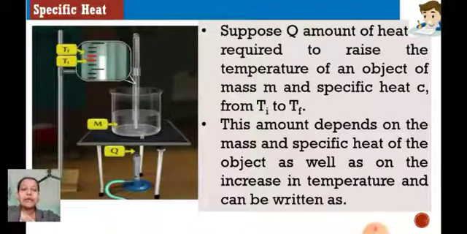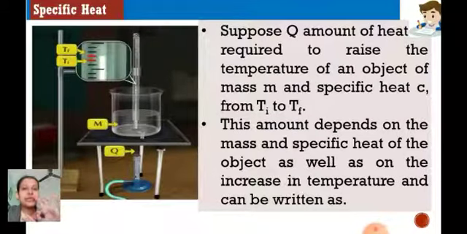The amount of heat required, Q, you can see the burner there, depends on three things. It depends on how much heat is required to raise the temperature of a given substance from initial to final temperature.